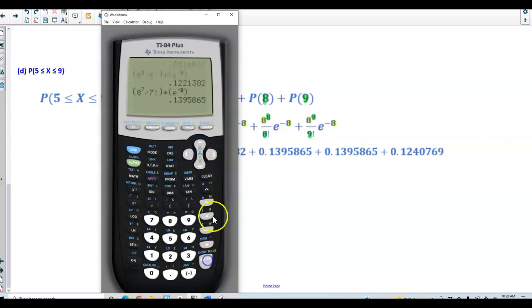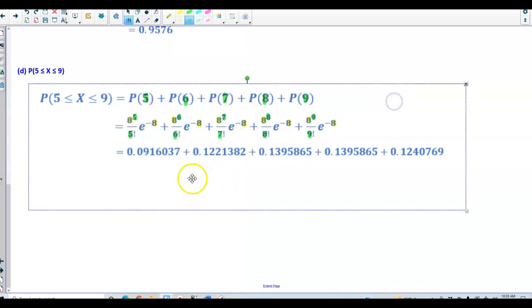So by highlighting and pressing enter, now we're going to have 8 to the 8th power divided by 8 factorial times e to the negative 8, and that gives us 0.1395865. And then the last one, we're going to change this to 8 to the power of 9 divided by 9 factorial times e to the negative 8, and that gives us 0.1240769.